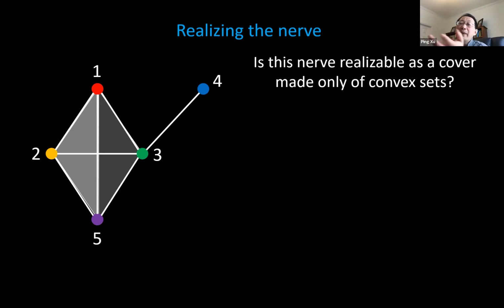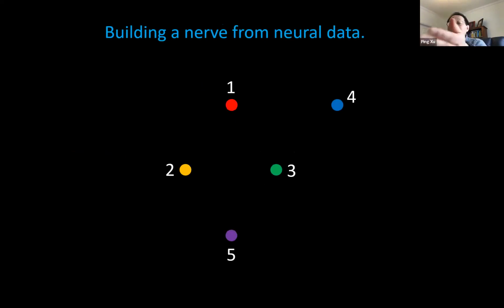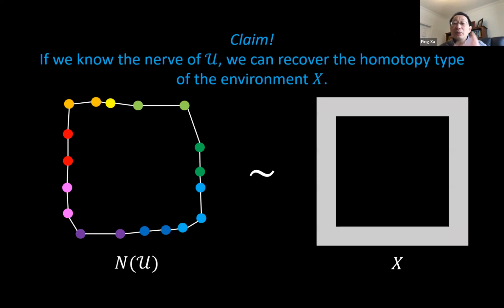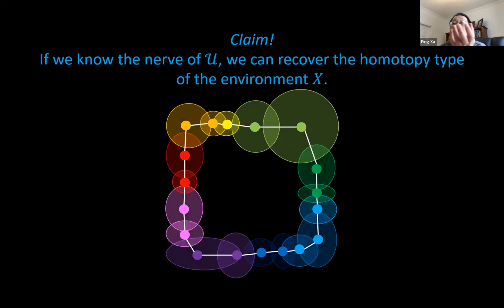In some sense it does match what we think about nerve, because here we have the zero nerve, or one nerve, I don't know, with all those vertices. Then there's the one-dimensional part, and those are the arrows, and then there are two arrows and three arrows. One arrow is just the vertex, and two arrows is probably the intersection of two open sets, and three would be the triple intersection, something like this.